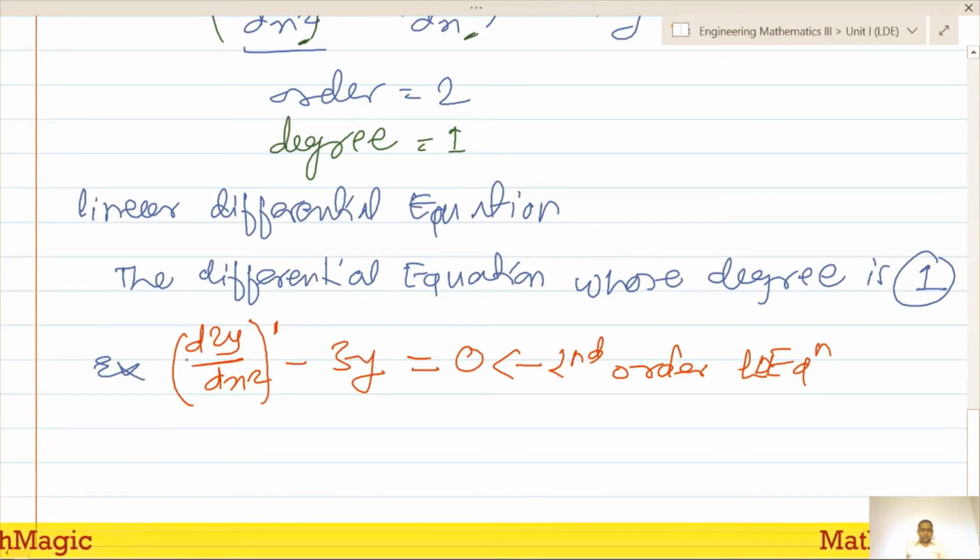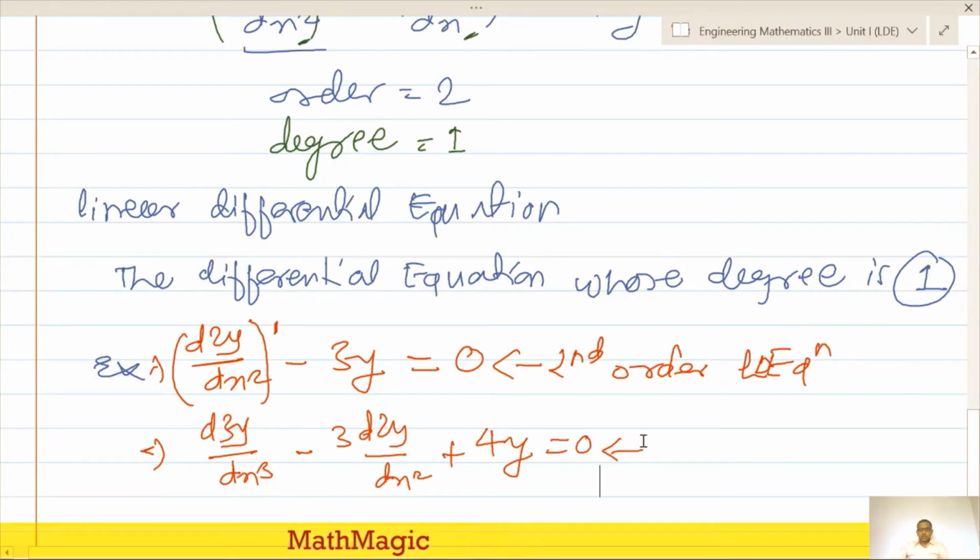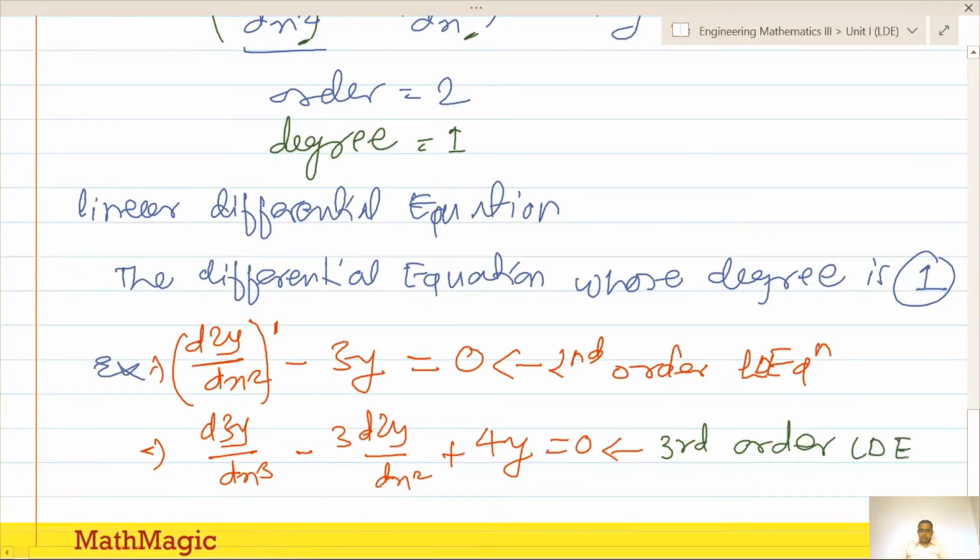One more example, let us see that. d cube y by dx cube minus 3 d square y by dx square plus 4y equal to 0. What is this? This is a third order LDE. Got it?